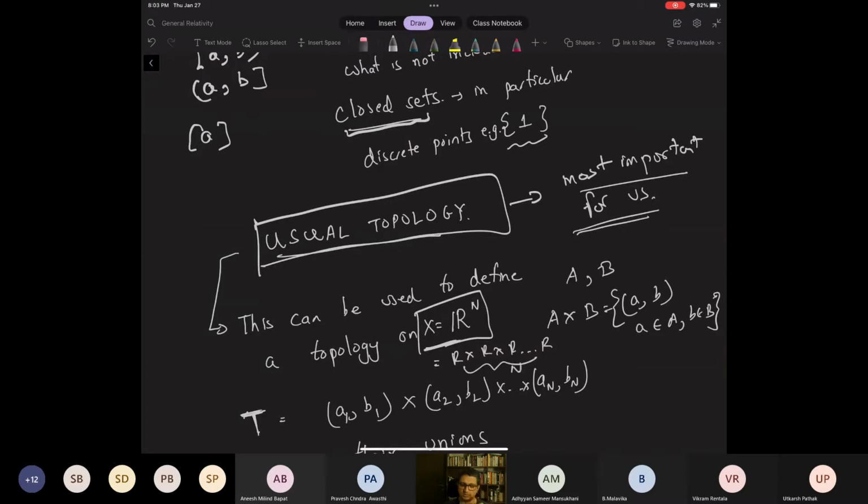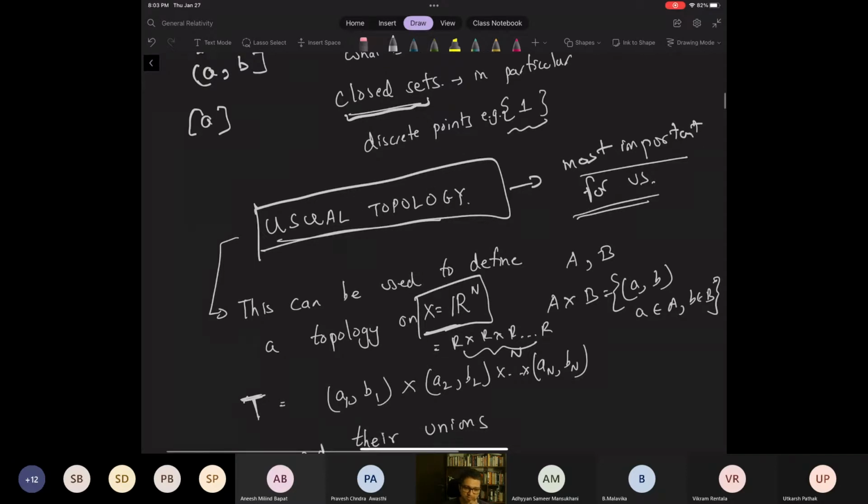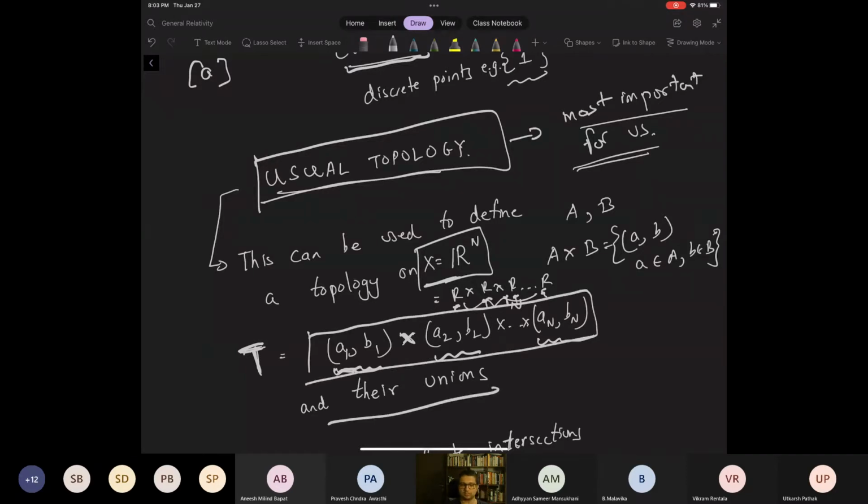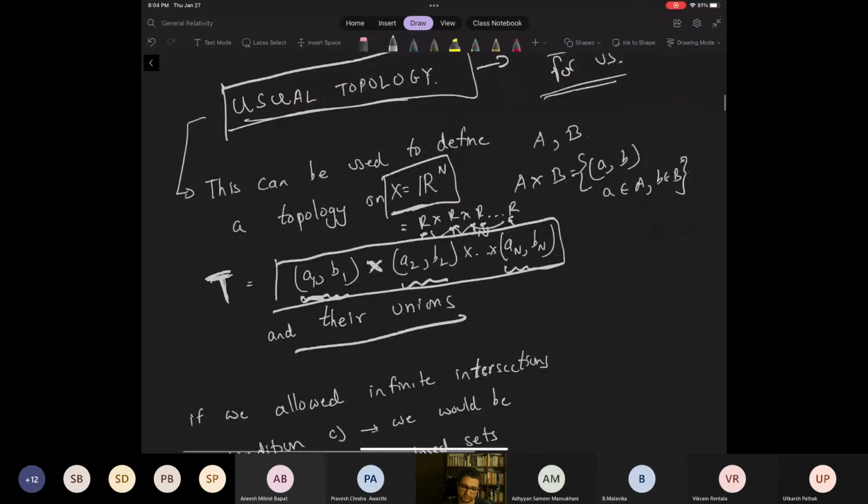So now what we can do is on Rn, we can define a topology by defining T to be things like open intervals on each of these real lines, and we take their cross product. So this is an open set cross another open set cross another open set. We take all of this, and we take unions of all such open intervals, or cross products of open intervals.